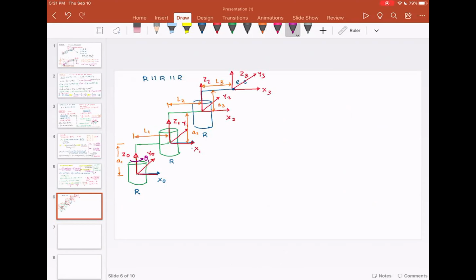So this is going to be theta 1, this is theta 2, and this is theta 3. This is my 0th frame, first frame, second frame, and third frame. Are you with me so far? Any questions regarding the setting of the frames?